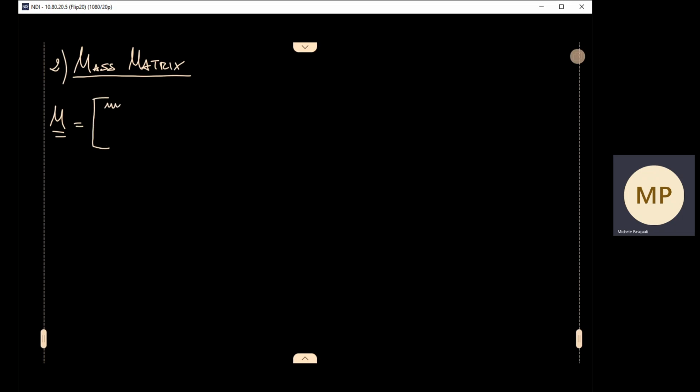So we had M_RR, we had M_Rθ, and we had M_RF, M_θθ, M_θF, and M_FF. Okay, and of course here we have the symmetric part. So what we're going to do is to calculate all of these submatrices in our case for our deformable body.